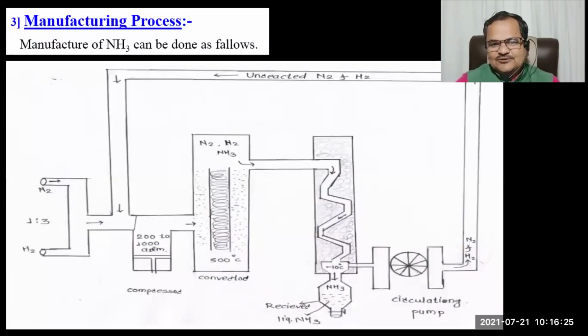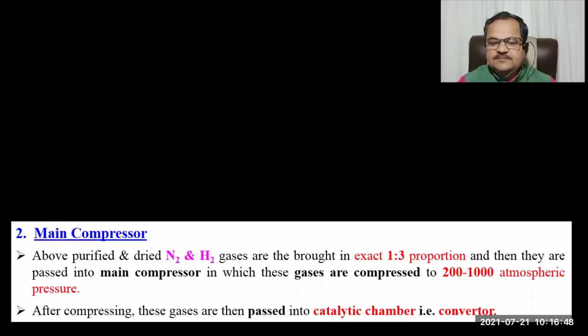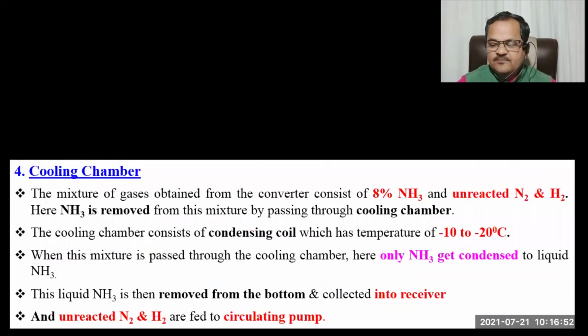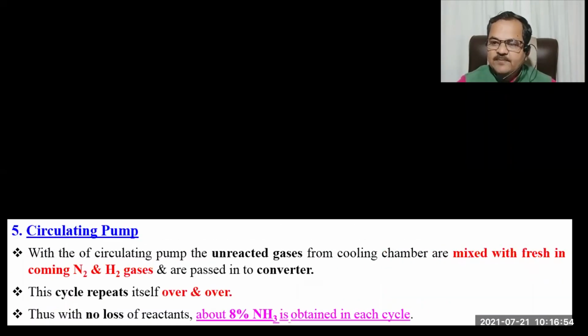This 1:3 mixture is taken and fed to the compressor, and as I already explained, the procedure takes place, and from each cycle we form 8% NH3. This is the manufacturing process, which is Haber's process.